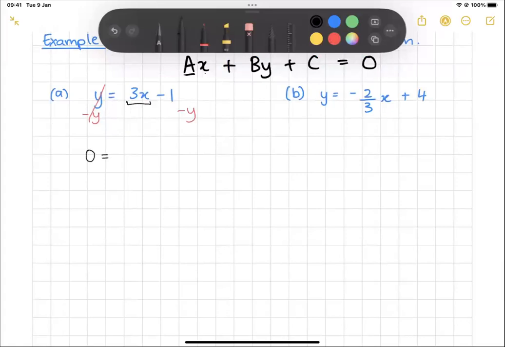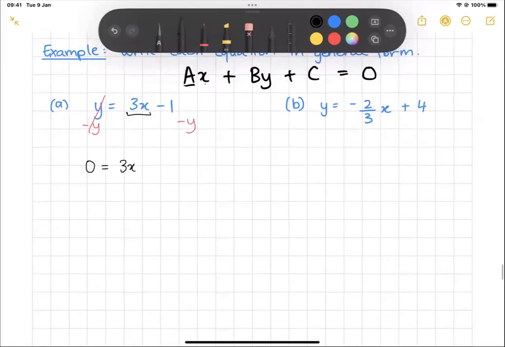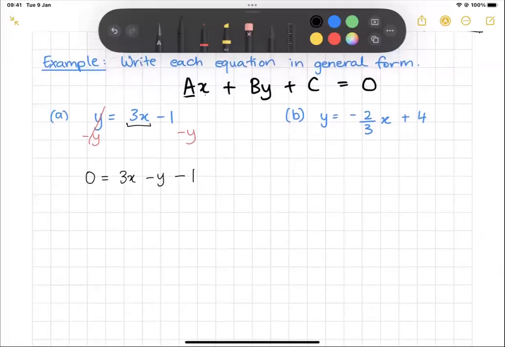It'll be 0 equal to 3x minus y minus 1. See how now it looks like my general form? You can write it as 3x minus 1 minus y, it's fine, but I would like to have the y in the middle just so that it's similar to my general form. And that will be my answer. That's question number A, super easy.